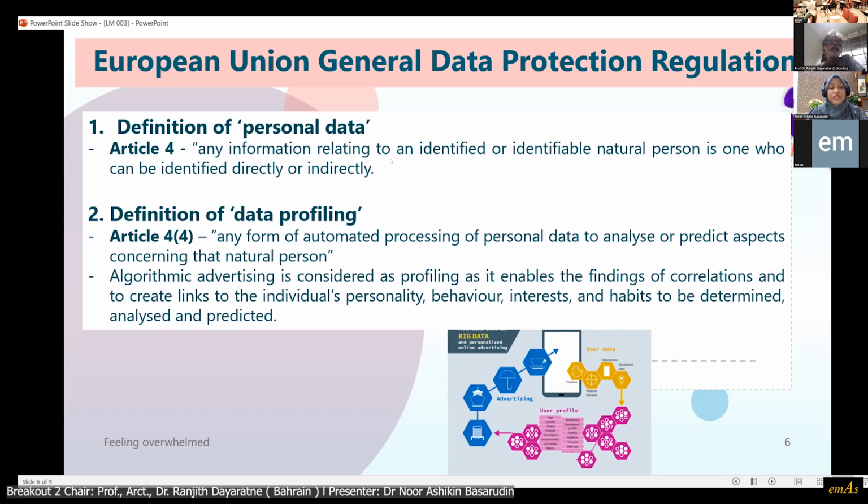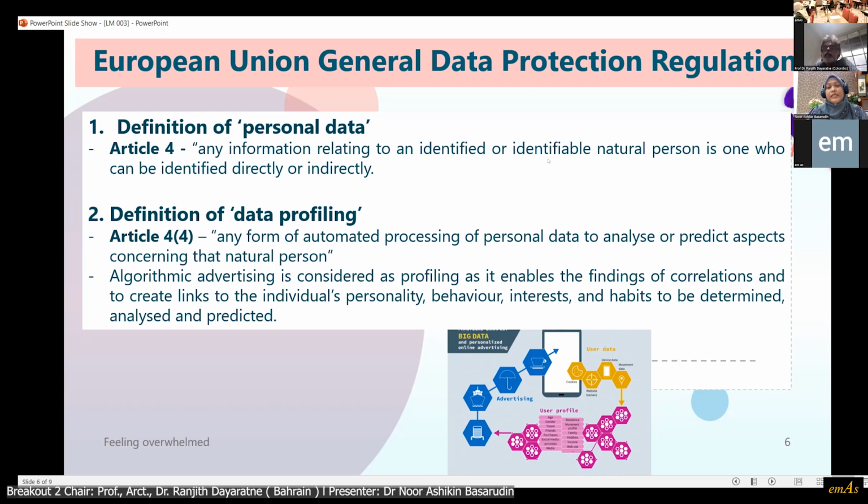Under the definition, personal data refers to the identified: you mention your name or fill up a form with your name, so it can be identified to that person.